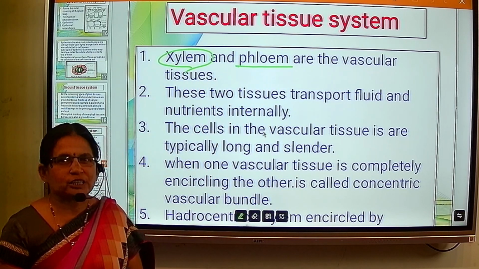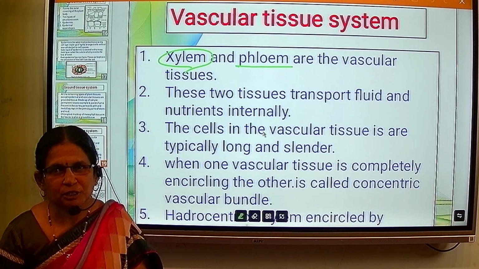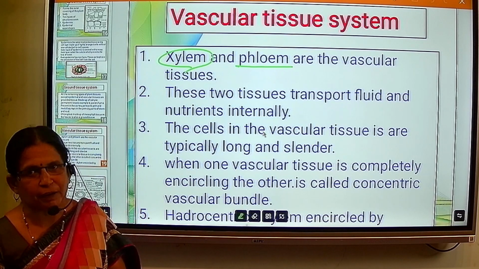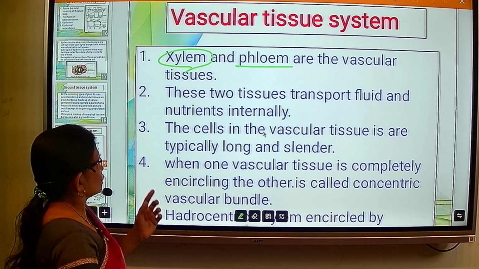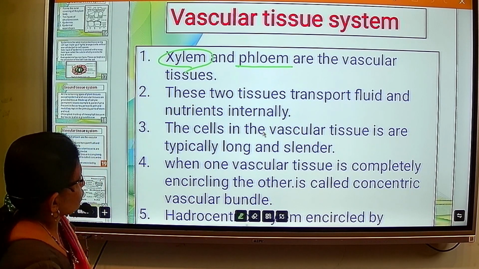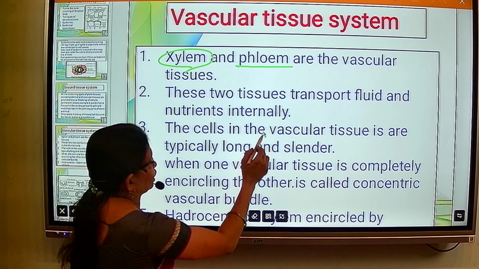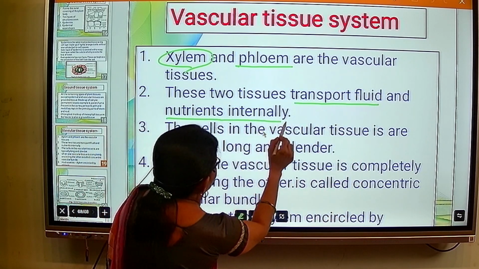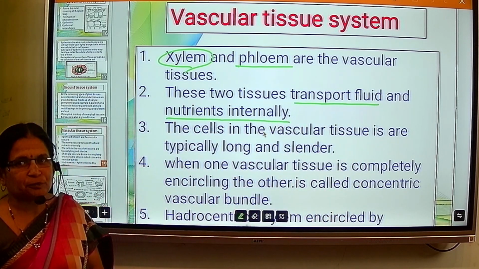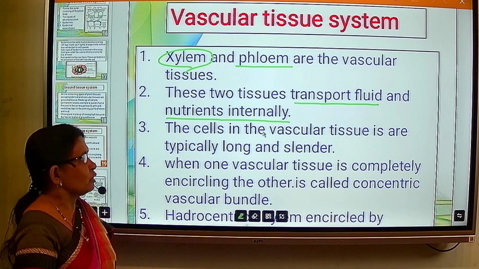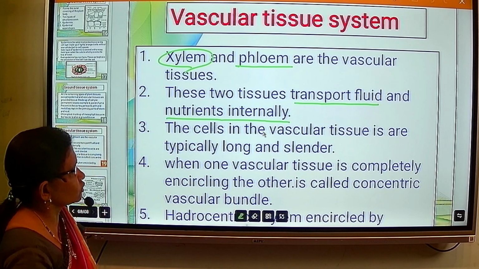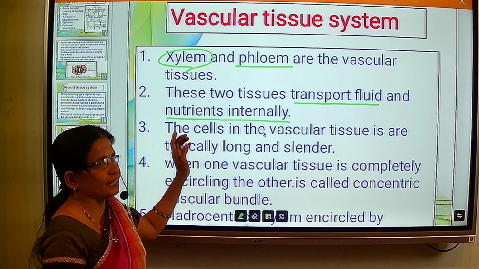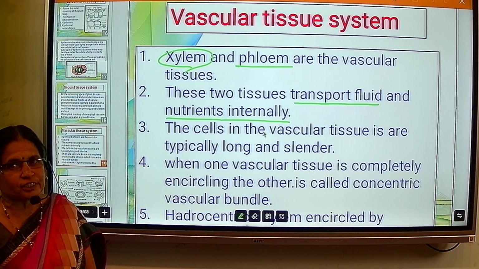Now you know what is meant by xylem and what is the phloem. These are the two tissues which transport the fluid and nutrients internally. The main function of xylem and phloem is to transport the fluid and the nutrients internally.